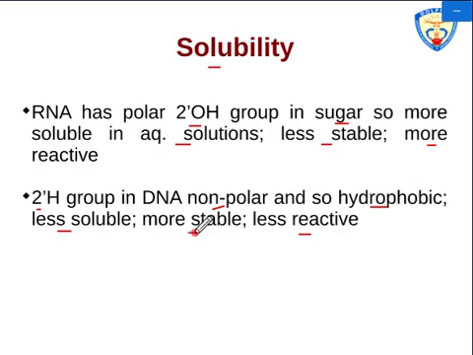So RNA is more reactive, therefore less stable, because of the polar hydroxyl group present at the second position of the sugar. DNA has a non-polar group, therefore it is hydrophobic, less reactive or more stable.